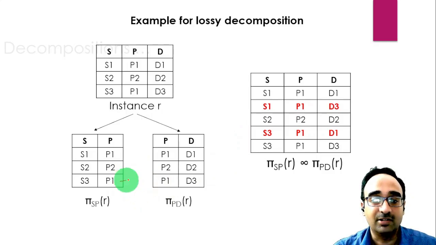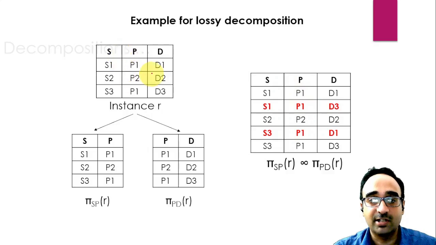Now take the third row and again do the cross product. So P1, P1, yes, here is the row. P1, P2, no, you should ignore this; P1, P1, yes. So this is how we got this table. When we join these two tables, we are getting this table.